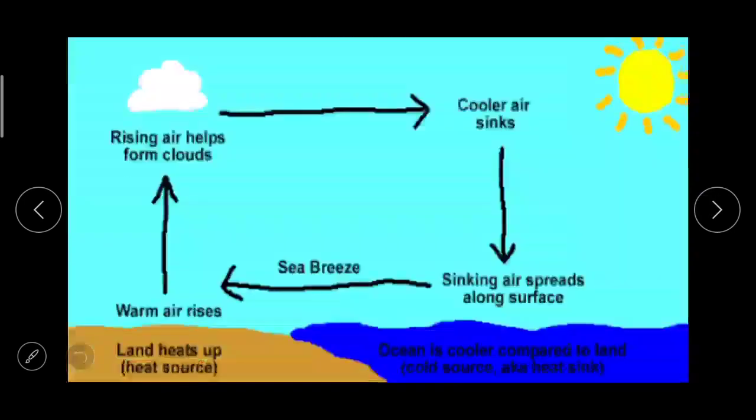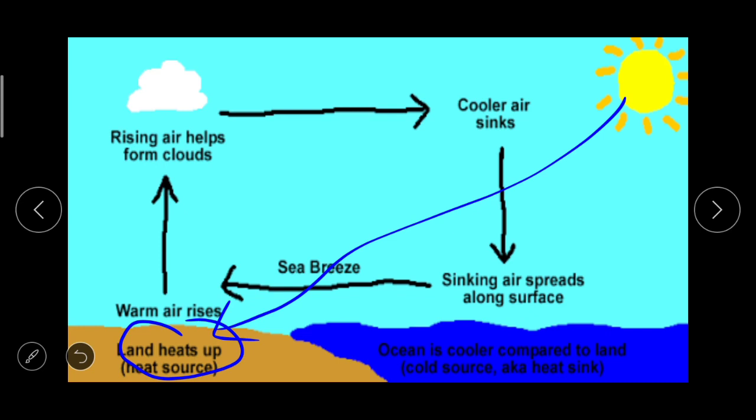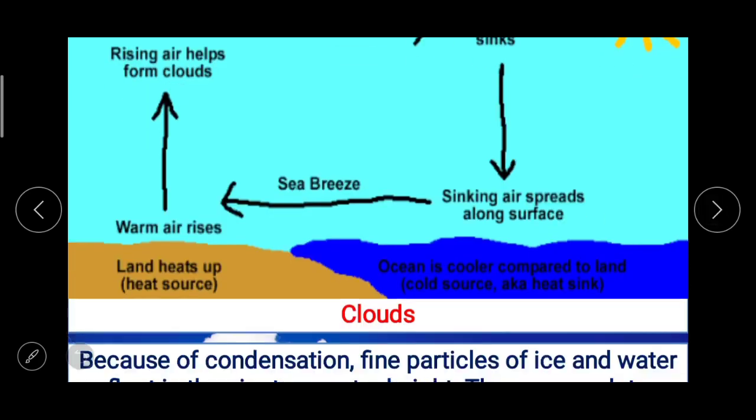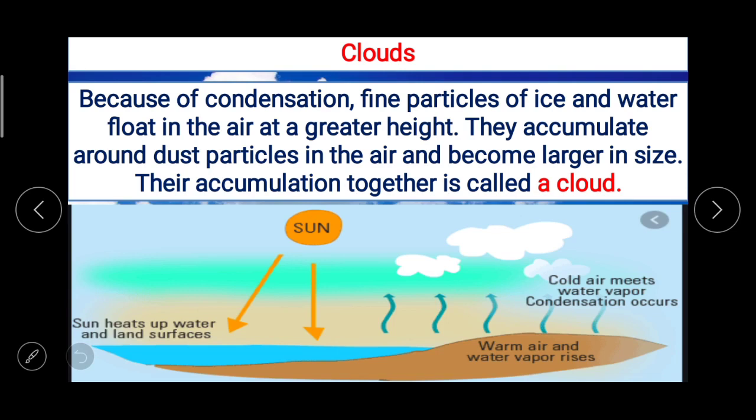Now because of condensation, fine particles of ice and water float in the air at a greater height. Here you can see land heats up and warm air rises, and rising air helps to form clouds, and then cooler air sinks and sinking air spreads along the surface.